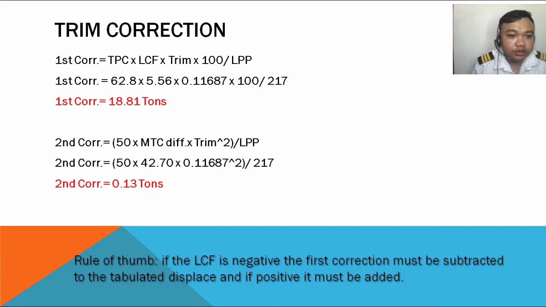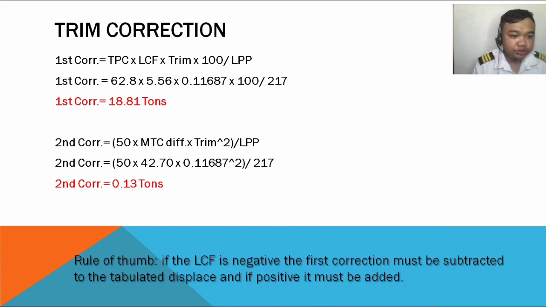So the first correction is 62.8 times 5.56 times 0.11687, which is the trim, times 100 divided by 217. So the answer for the first correction would be 18.81 tons. That is the first correction.